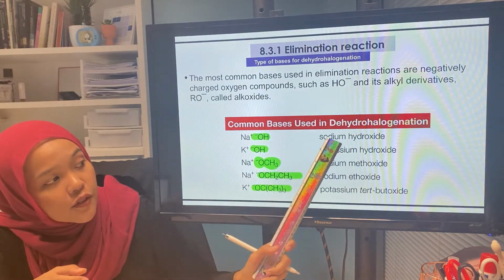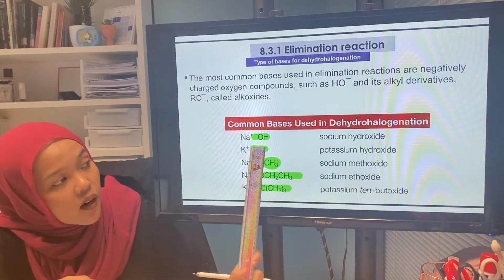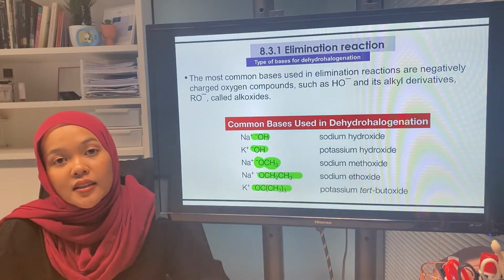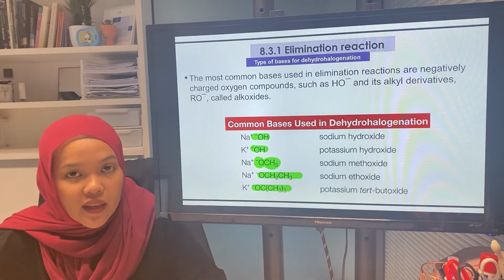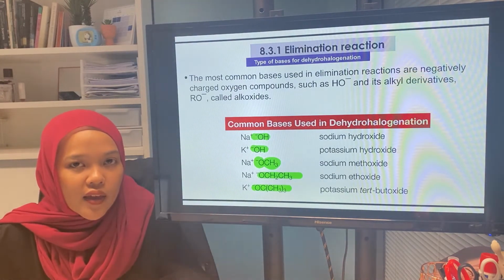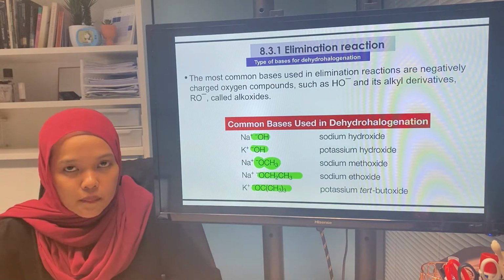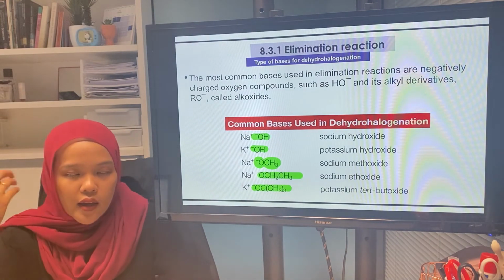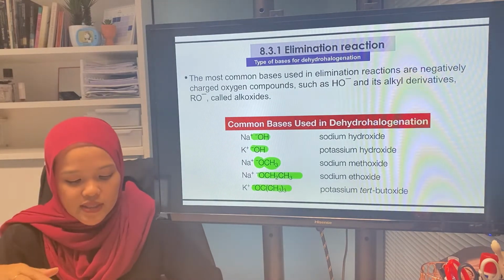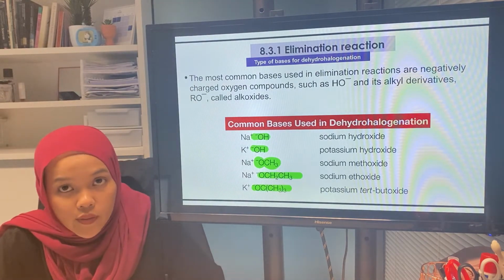All of these are ionic compounds, so we call them strong bases. When they are ionic compounds, they are strong bases. When they are neutral compounds, they mostly are weak bases. For example, you can also use water.